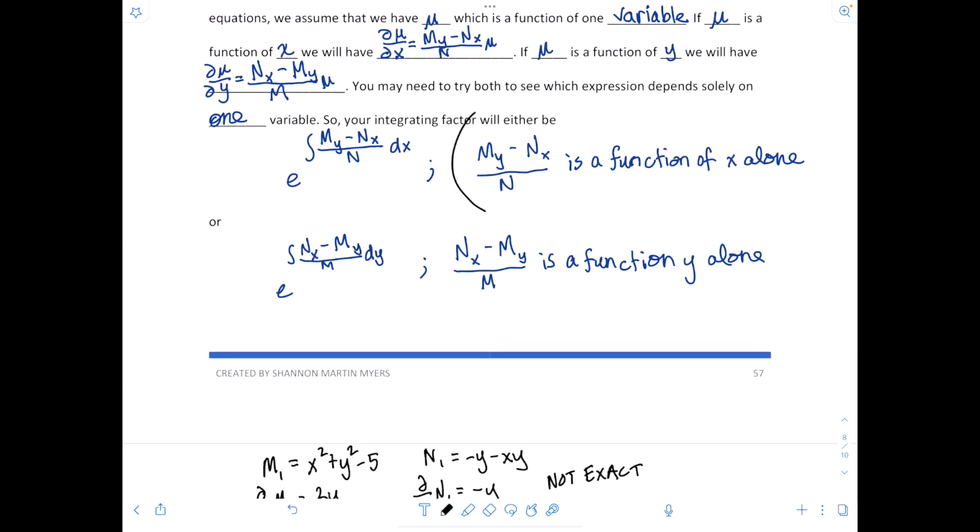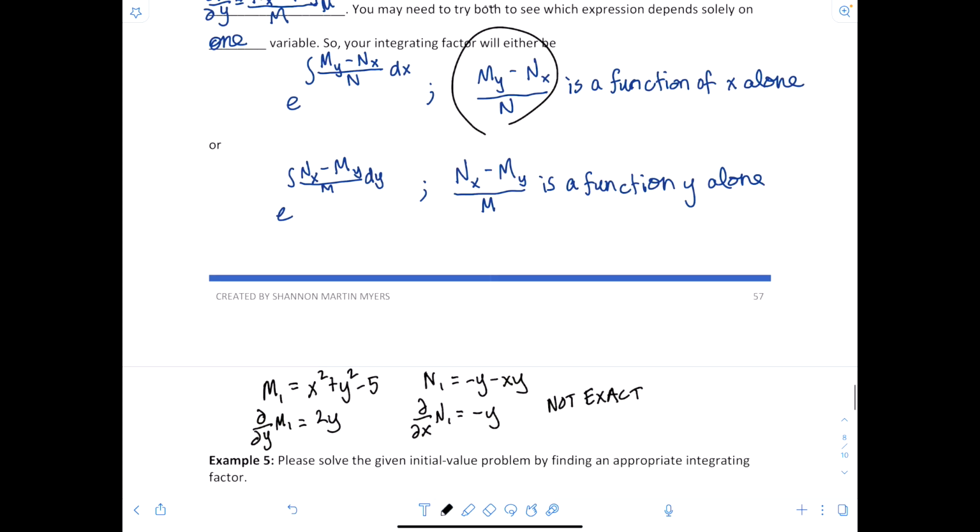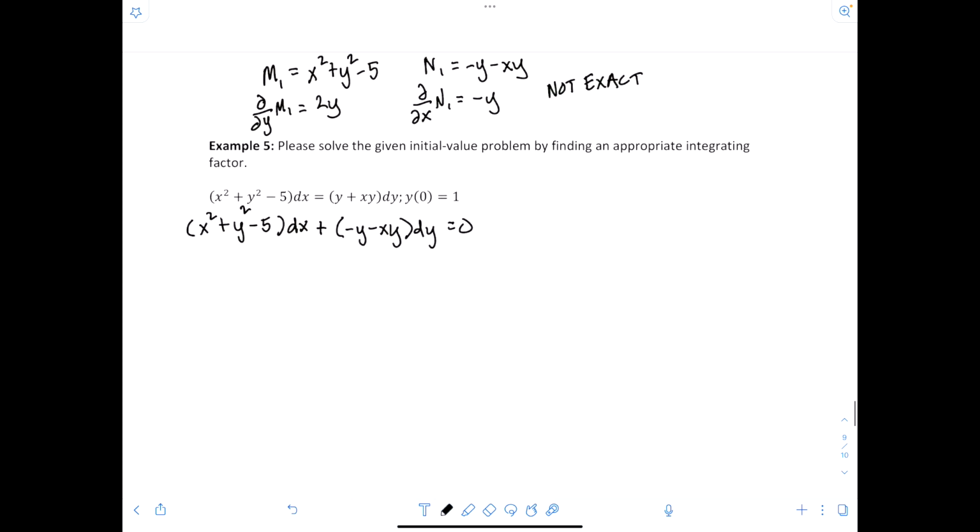I'm just going to start with this one because it's first. I'm going to look at the first partial of m with respect to y minus the first partial of n with respect to x, divide through by n, and see if it's a function of x alone. If it is, we're good and we'll be able to continue, and if not, we try the next expression.